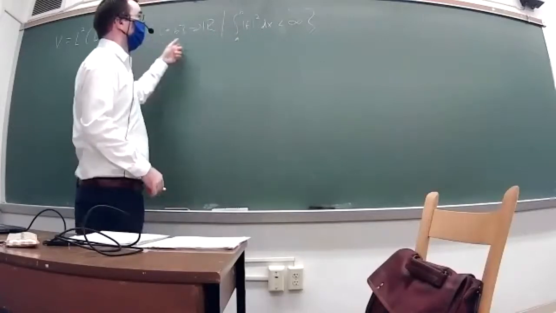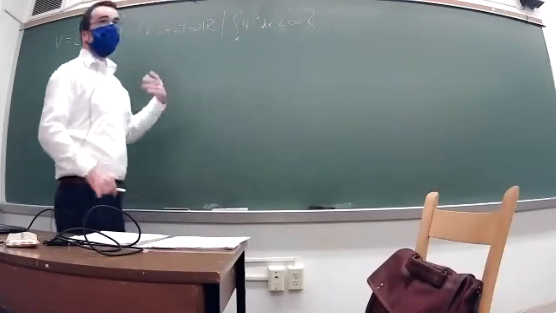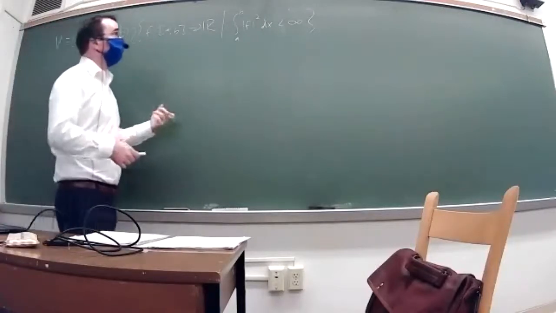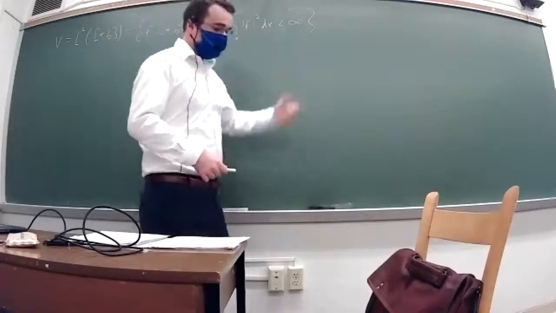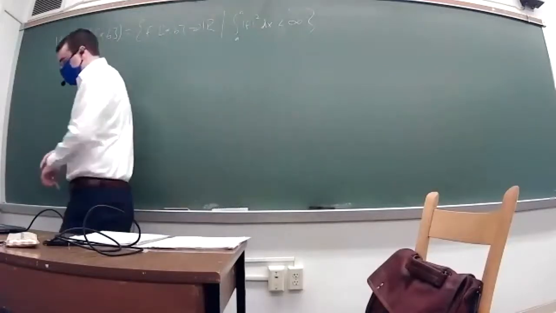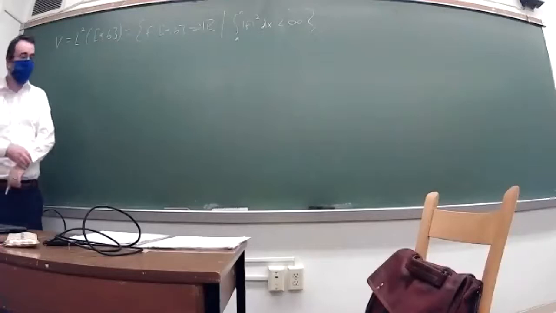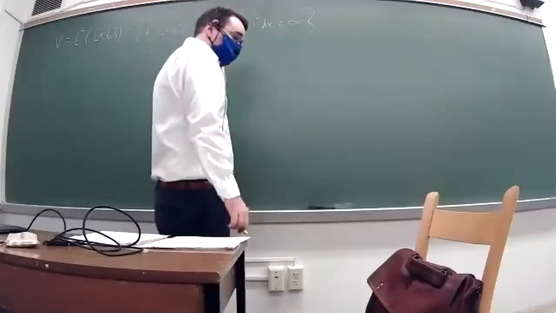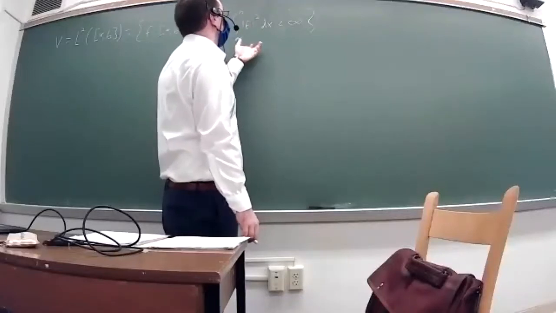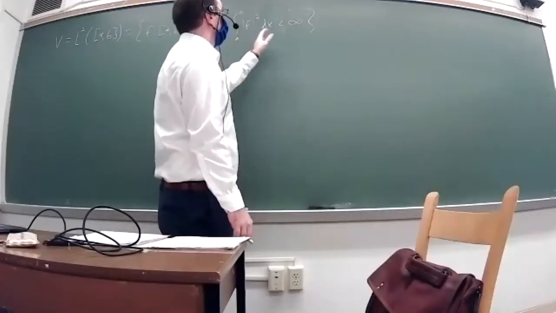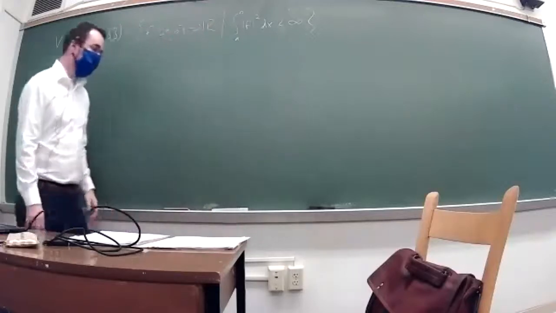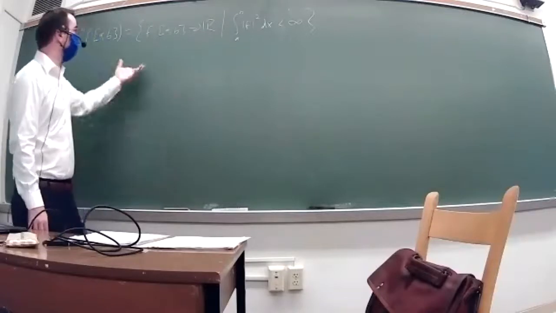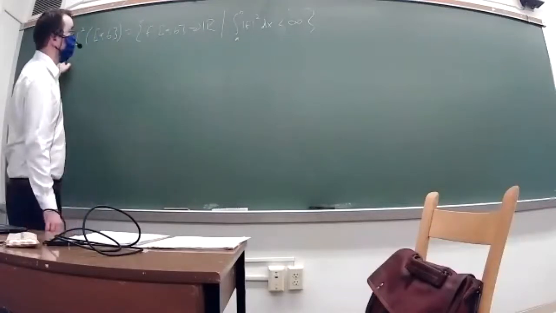So if f has this property, then c times f also has that property. And it's true that if you take two functions that have square integral less than infinity and add them together, then the sum will also be integrable and have square integral less than infinity. That's the one that's a little technical to prove, so I'll skip it for this class, but it's completely true. So this is a vector space.